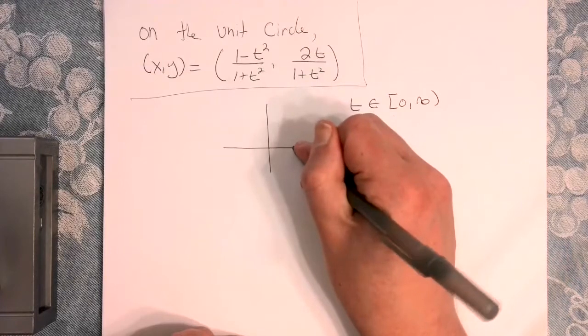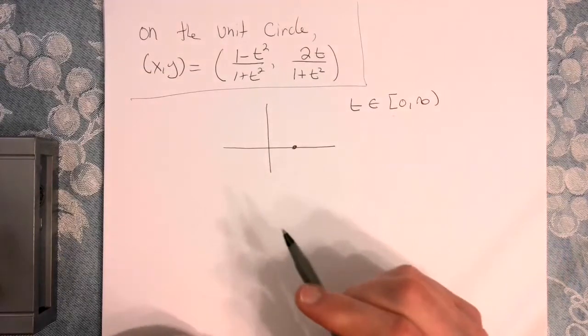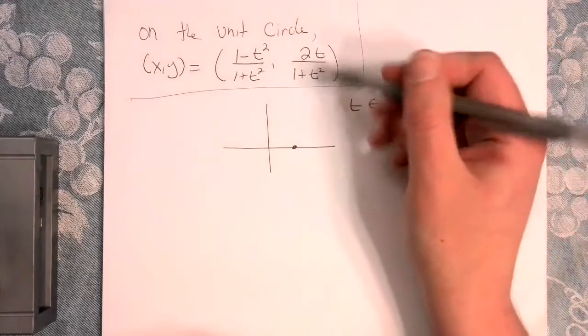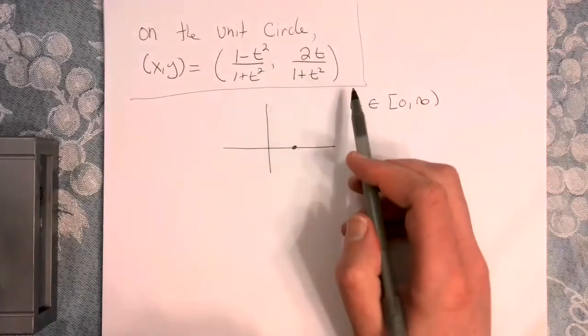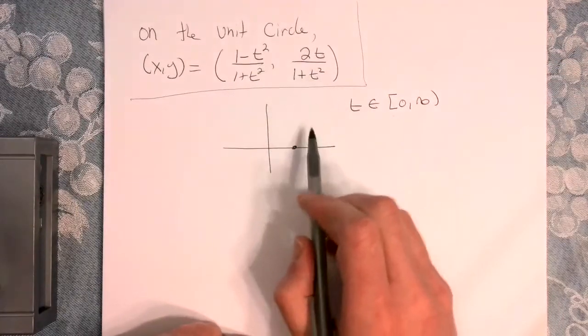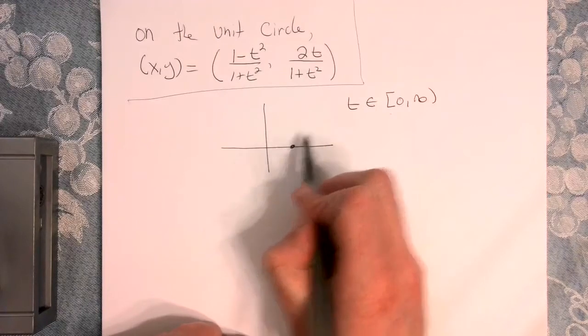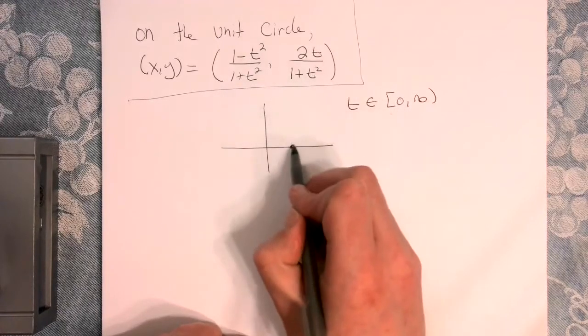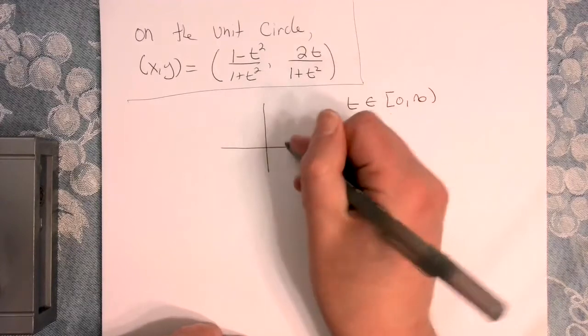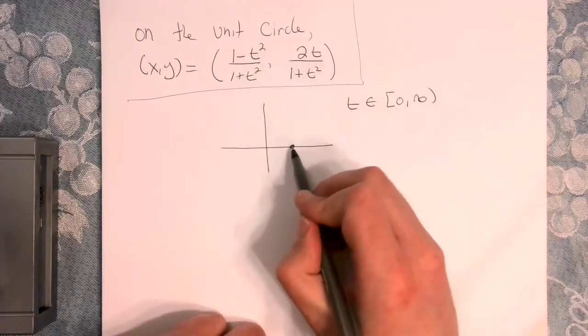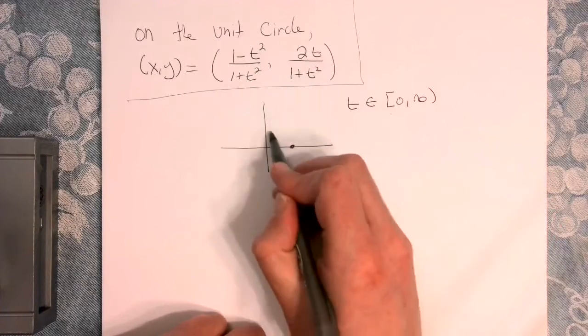So when t is 0, we land here. Now this is kind of interesting, and more to do with limits than anything, but still sort of interesting. So as t goes to 1, so the closer I get to 1 on t, the closer this curve gets to the y-axis. So for t between 0 and 1, I just make it from here to here.